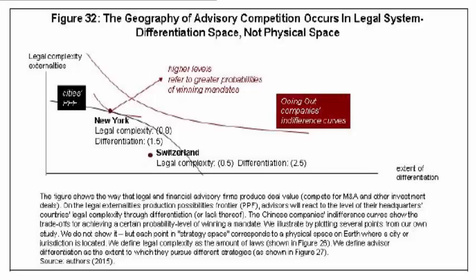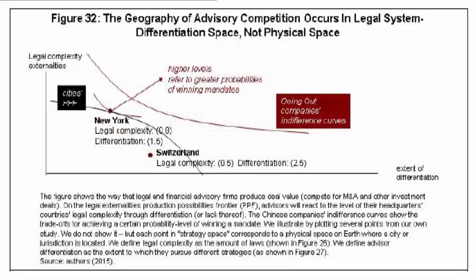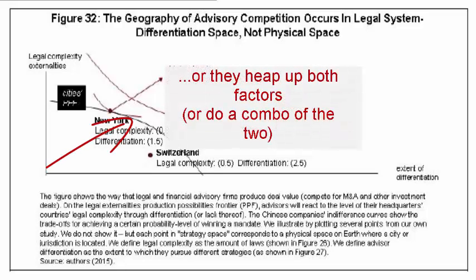And all you have to really buy for this side of the argument is that advisors are constantly trying to use proportions of legal complexity and differentiation, or trying to heap up both of these factors in order to compete more effectively. So larger advisors might be closer to the frontier, if you will.